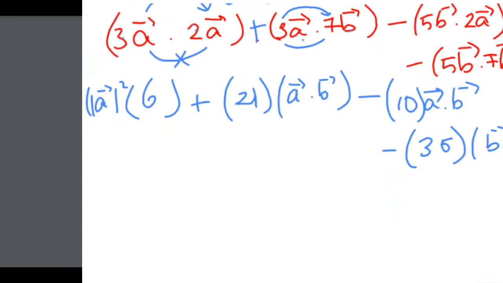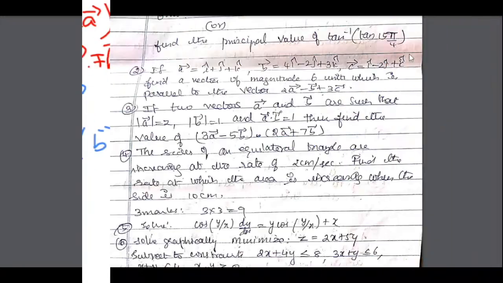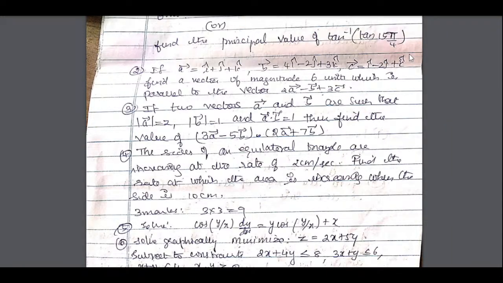So let's multiply this. They've given what was the value of a vector? a vector is 2, right.